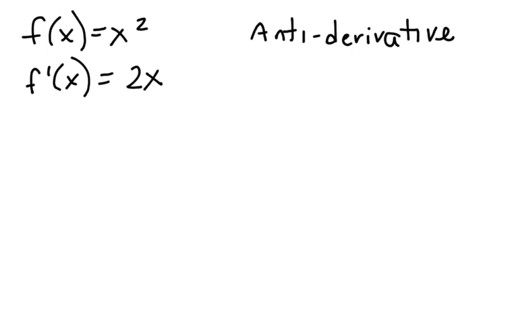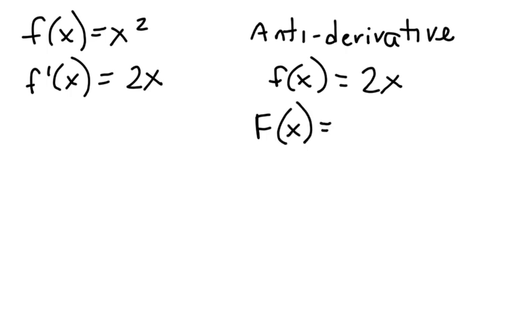So if I give you a function f of x, then I want you to give me what the antiderivative of this is. So say f of x was equal to 2x. Well, we use capital F of x to represent the antiderivative, and we have to use the opposite process.